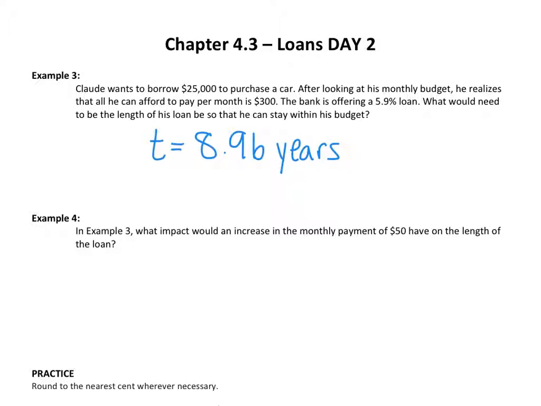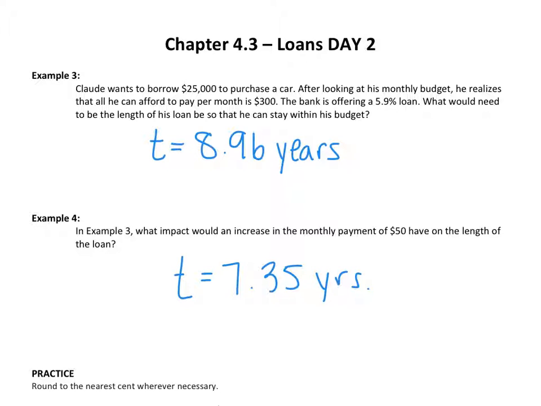Okay. If you put everything in properly, time is 7.35 years. Notice that if he just paid $50 more, he just cut a year and a half off the loan.